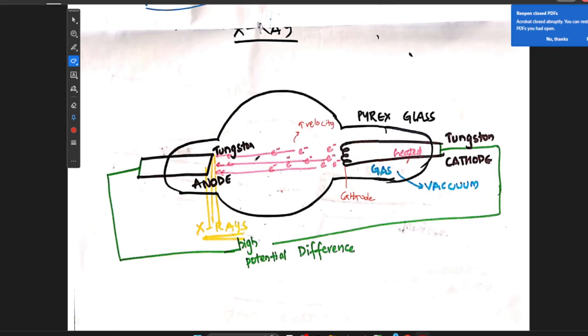When high velocity electrons are suddenly decelerated at the anode, this energy is produced as X-rays. When the electrons are accelerated across the tube and hit the anode, that is where the X-rays are produced.